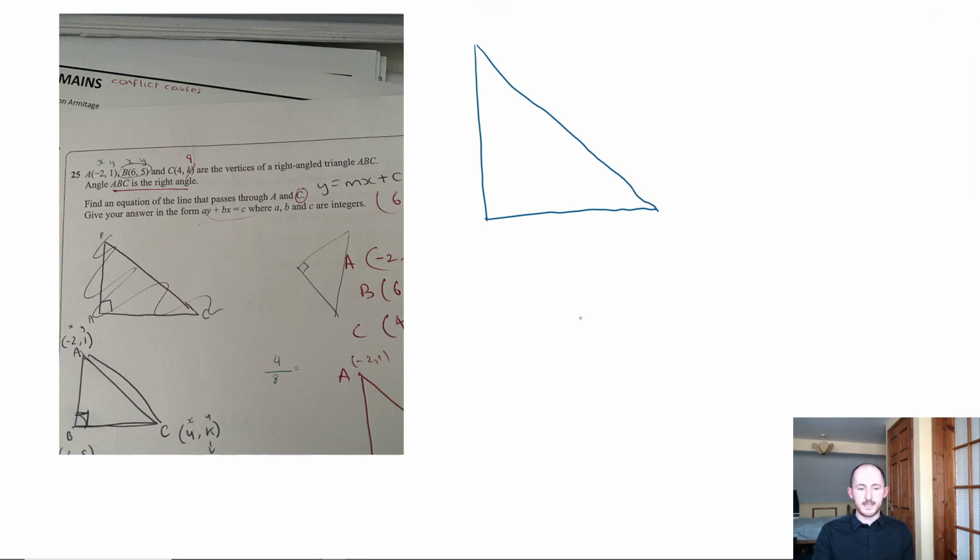And the next thing it says is that ABC is the right angle. So I'm going to put A, B, and C because it tells me this is the right angle. And now I'm going to write out the coordinates. So A is -2 and 1. B is 6 and 5.